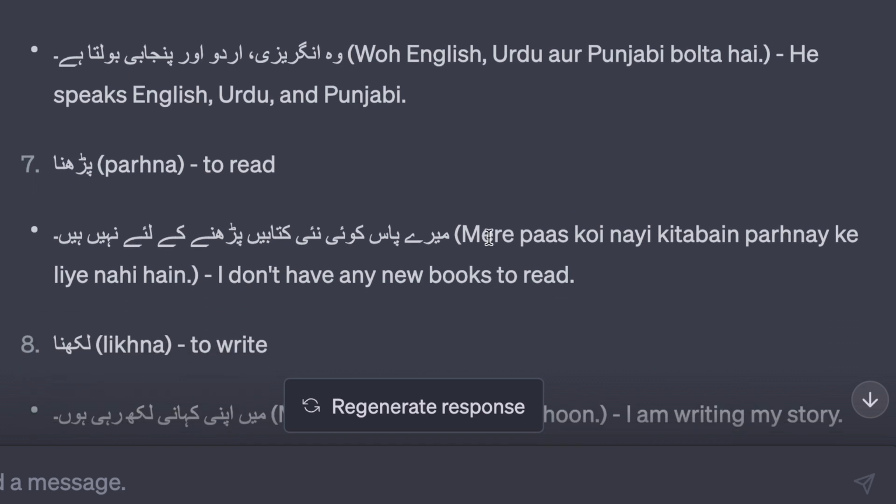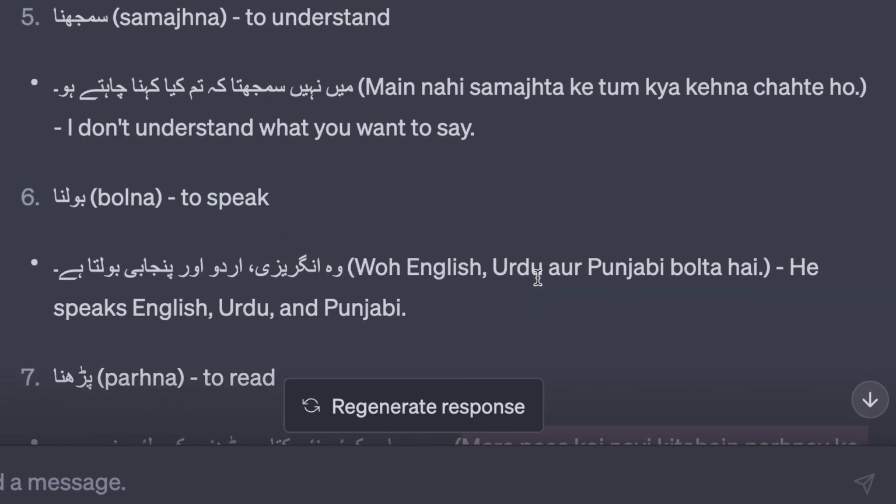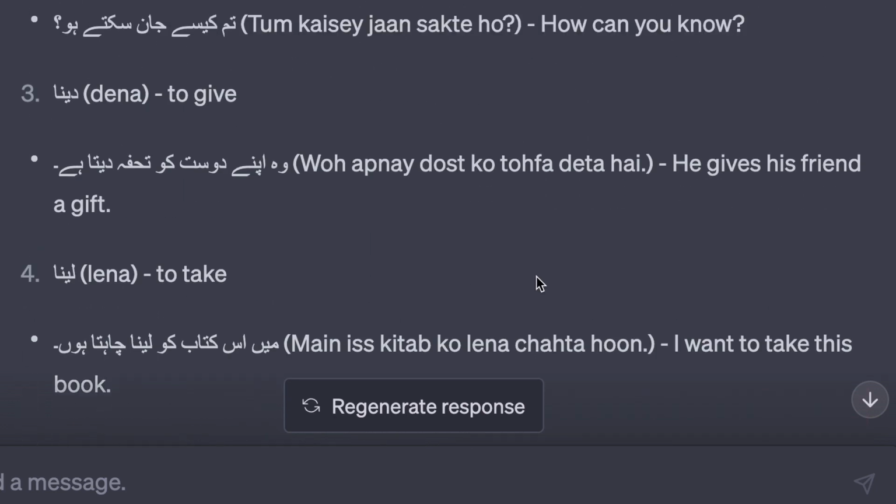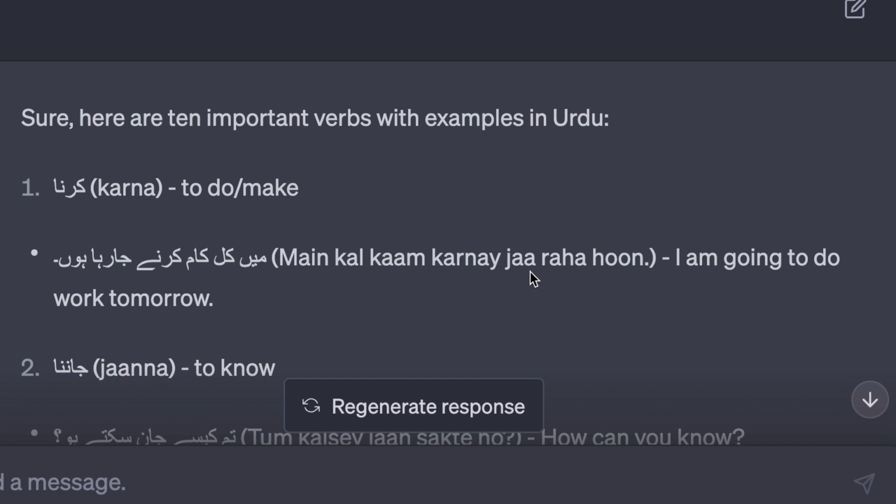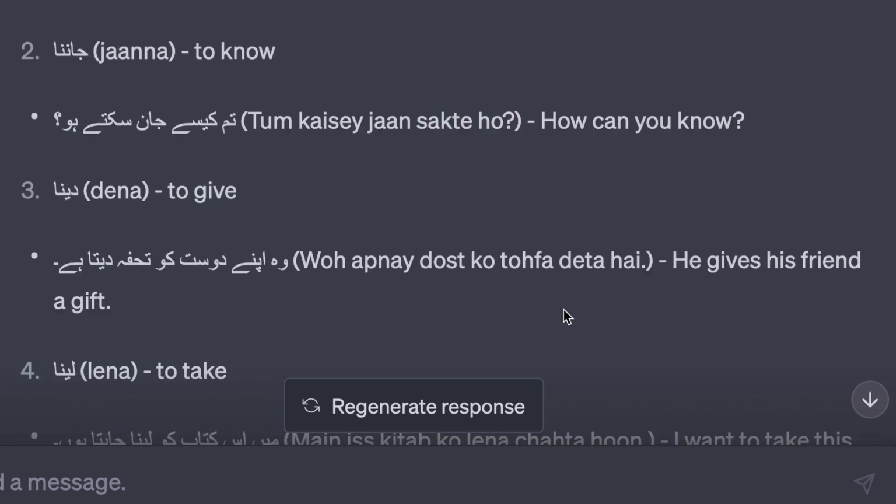Okay, now we're gonna go to the example. This is the example. मेरे पास कोई नई किताबें पढ़ने के लिए नहीं है. This is very similar to the first example. Here it's going into an oblique form.